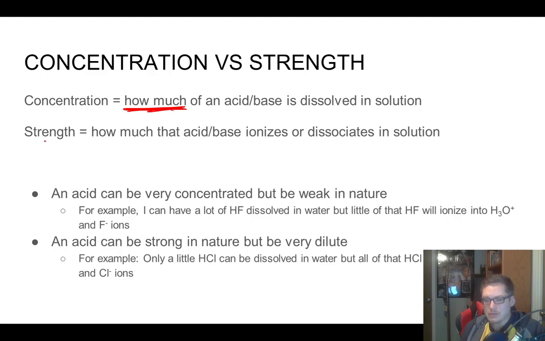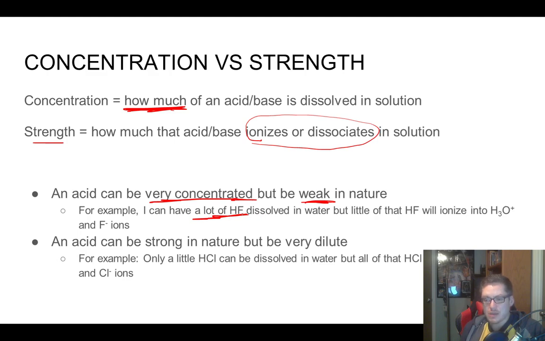The strength of the acid or base tells us how much of it ionizes or dissociates. So this is an important distinction. So what it really boils down to is that you can have a very concentrated weak acid. So if I have a lot of HF, hydrofluoric acid, dissolved in water, this would be a concentrated HF because there's a lot of it dissolved in water.